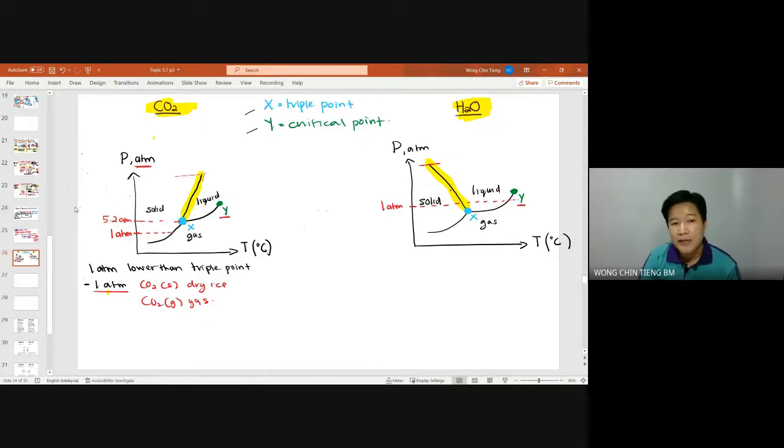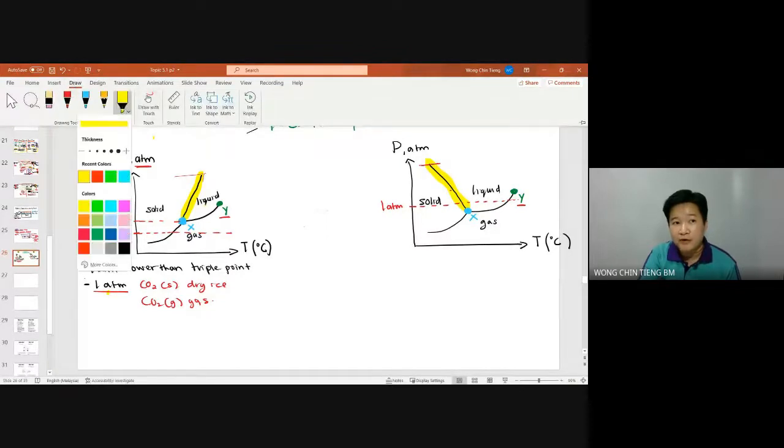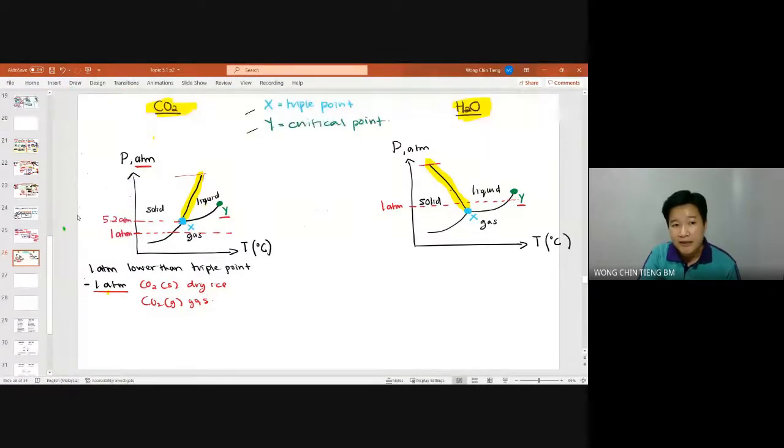That's why the 1 atm for carbon dioxide must be sitting lower than your triple point. And you can see over here, when it's sitting lower than your triple point, it will only pass through solid, and it will only pass through gas. That's why 1 atm must sit below the triple point.